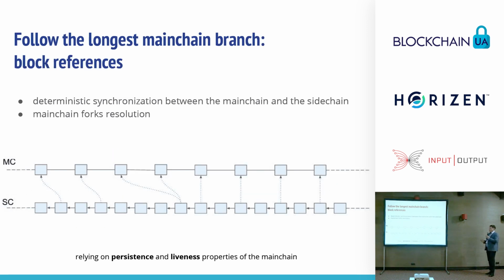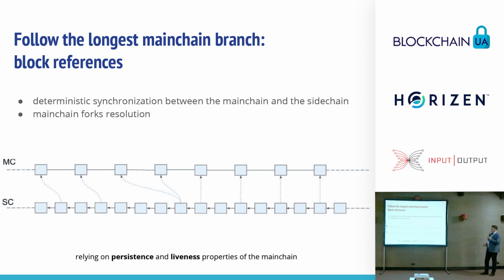The sidechain follows the longest main chain branch. We include block references. So we have the main chain, and inside the sidechain we include references to main chain blocks, and thus we bind our sidechain to the main chain. Moreover, such a mechanism guarantees that all main chain transactions, like forward transfer or some other emergency type of transaction, will be included into the sidechain and will be processed in the sidechain, and they will definitely appear in the certificate.